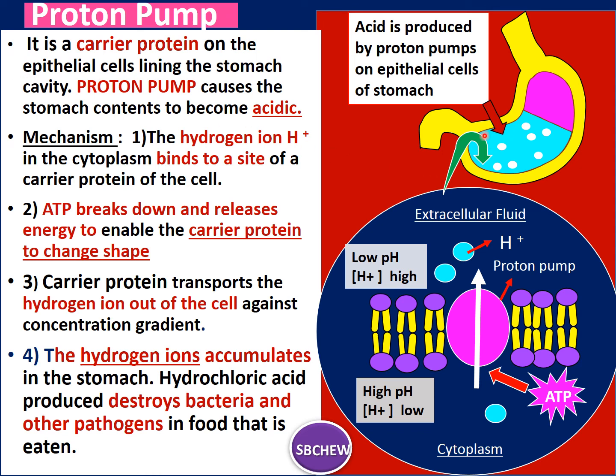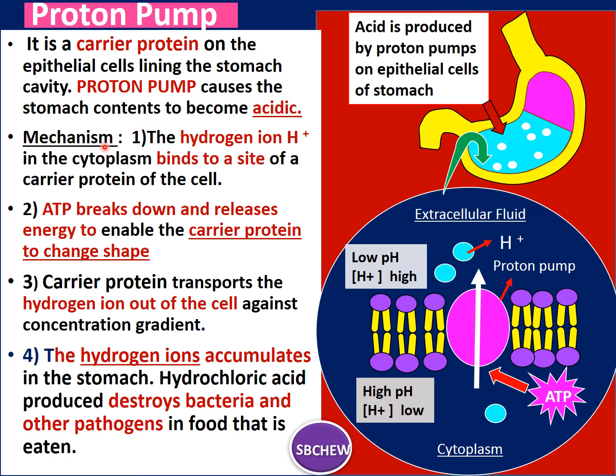So inside the stomach, in the cavity, and on the surface of the wall here, we have the epithelial cells. So the carrier protein is found on the plasma membrane of the epithelial cells, and it's called the proton pump. Its function is to cause the stomach contents to become acidic with the production of hydrochloric acid.